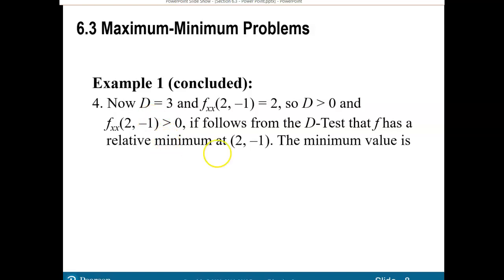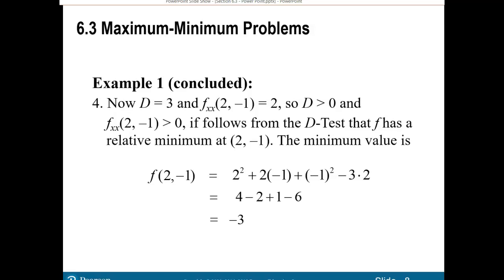So F would have a relative min at the ordered pair 2, negative 1. And the minimum value would be whatever you get if you plug that ordered pair back into the original function. So plugging in x is 2 and y is negative 1 back into F and cleaning that up gives me negative 3. So the minimum occurs at the ordered pair 2, negative 1, and the value of the relative minimum is negative 3.